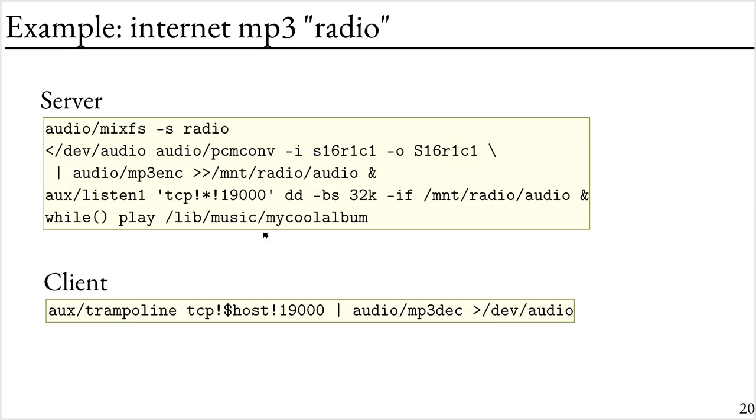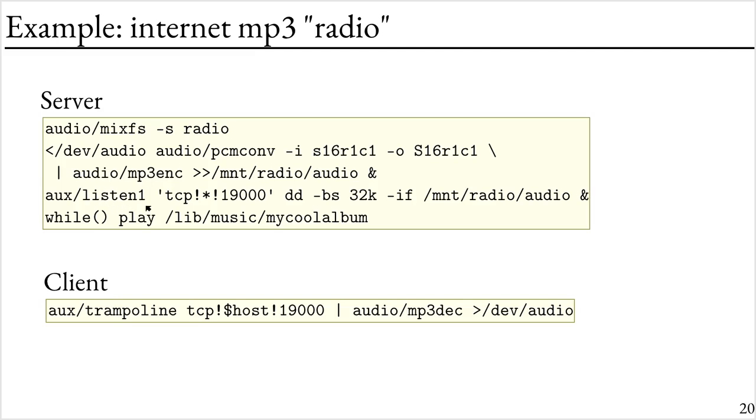I'll talk about it a bit later. So it would be decoding files from a certain collection into the first MixFS. From its loopback, we can read back and encode into MP3, then write that to the second MixFS.